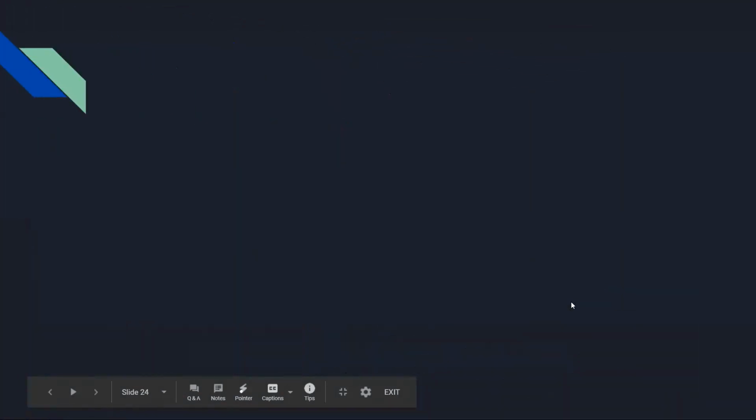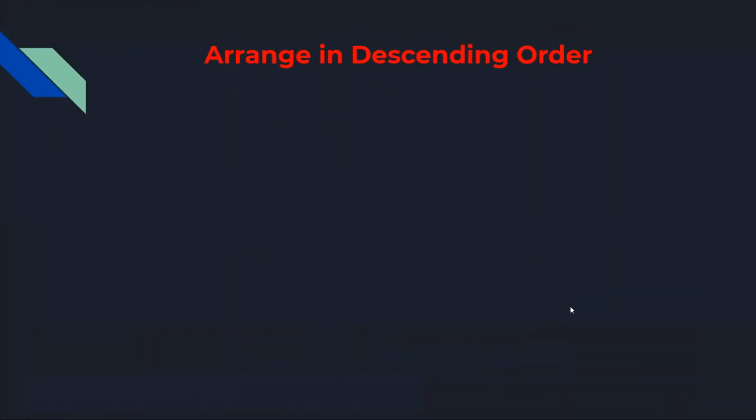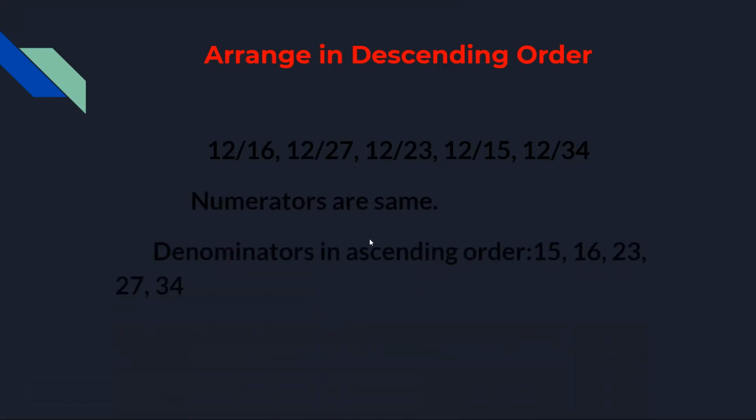So let us take another example, which has the same numerators. Here in this sum, all the numerators are 12. If the numerators are the same, what will we look at? We will look at the denominators.